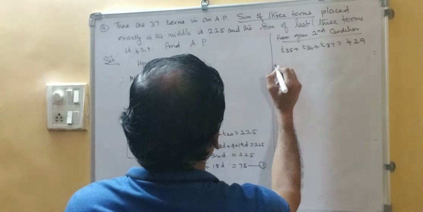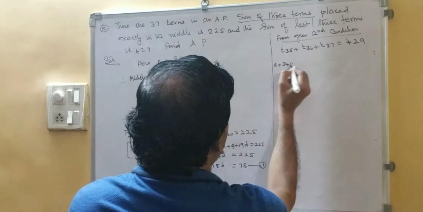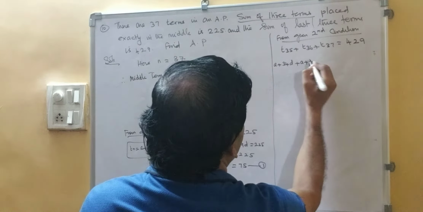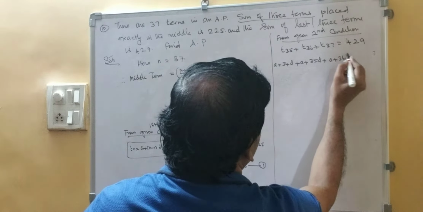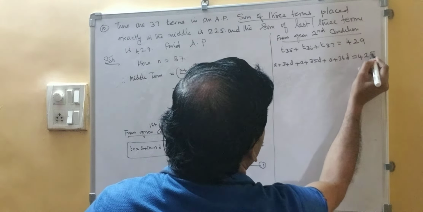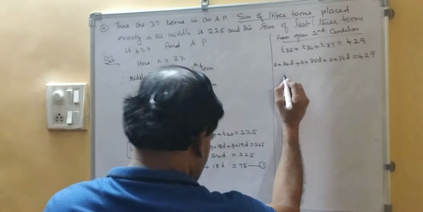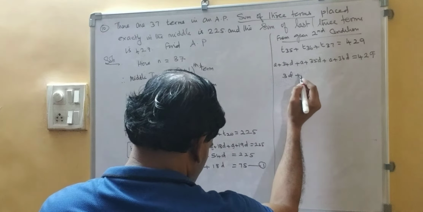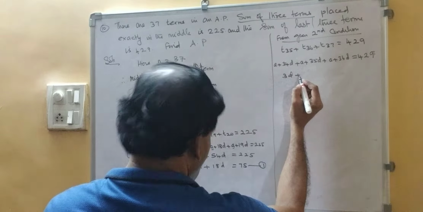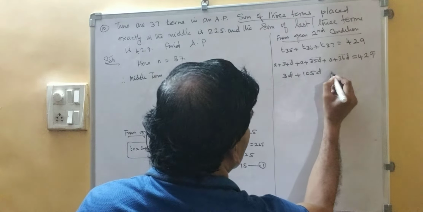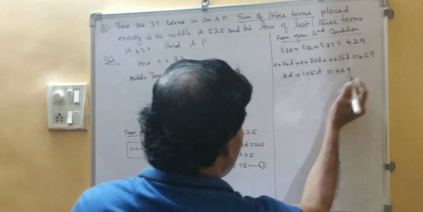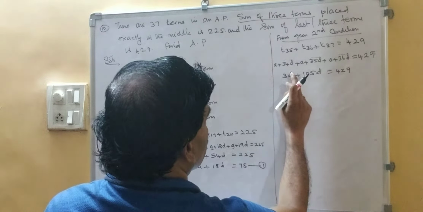That means A plus 34D plus A plus 35D plus A plus 36D equal to 429. So 3A plus 105D equal to 429.